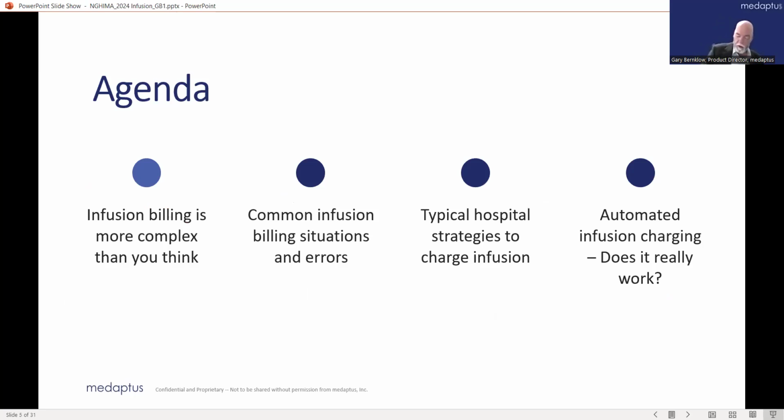I want to jump right into our agenda today and talk about what we're going to be discussing. Today we're going to be discussing the often overlooked specialized coding and billing requirements for outpatient infusion coding. Most organizations probably recognize the complexities of coding and billing for IV infusions in their cancer centers.